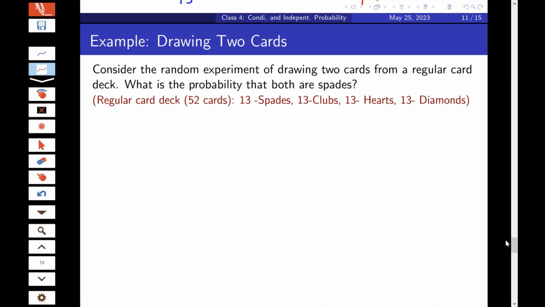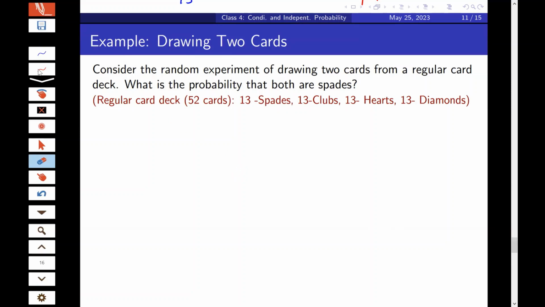In the regular deck we have 52 cards: 13 spades, 13 clubs, 13 hearts, and 13 diamonds. Those are the main shapes we have in a regular deck.